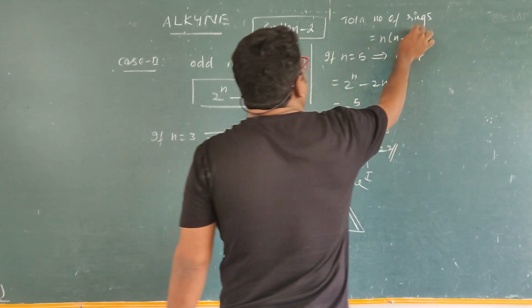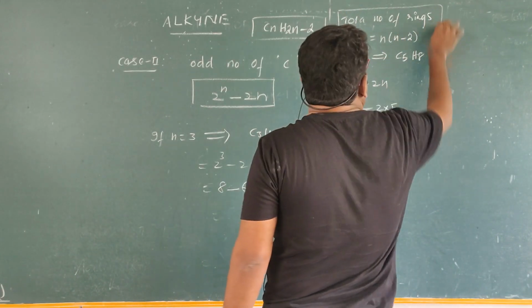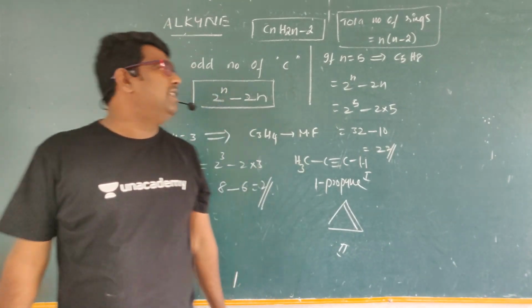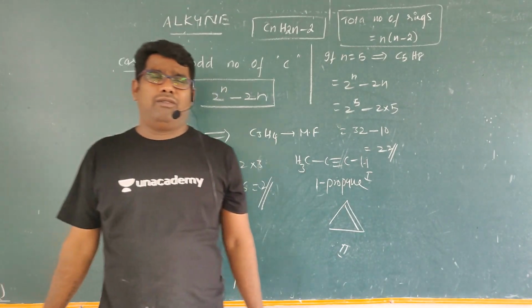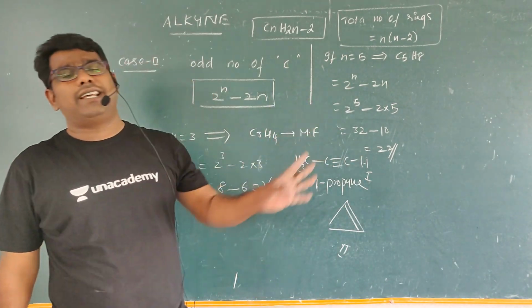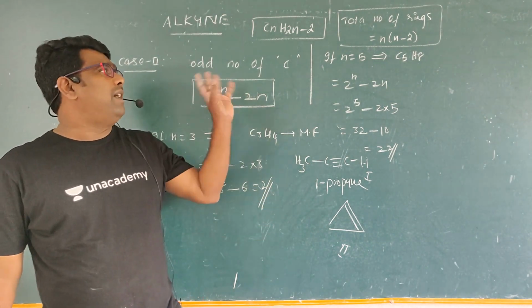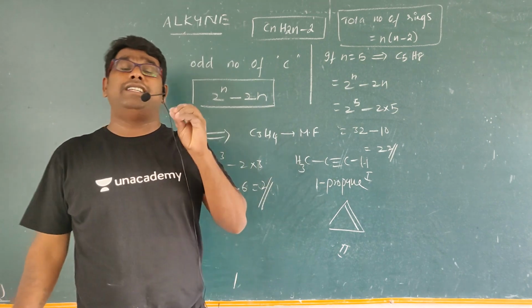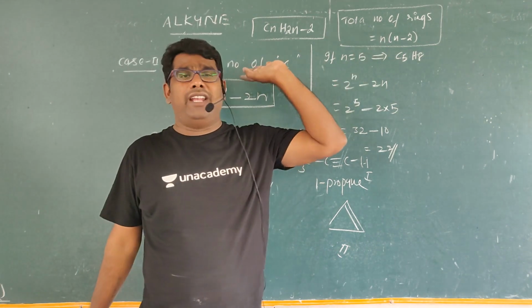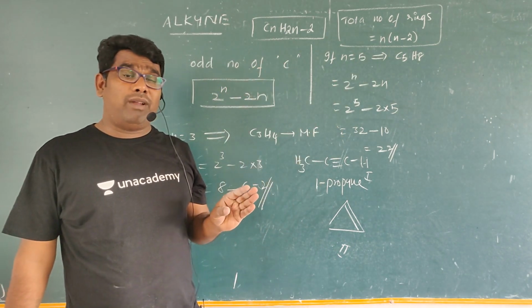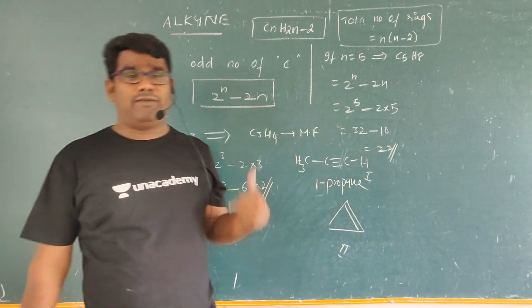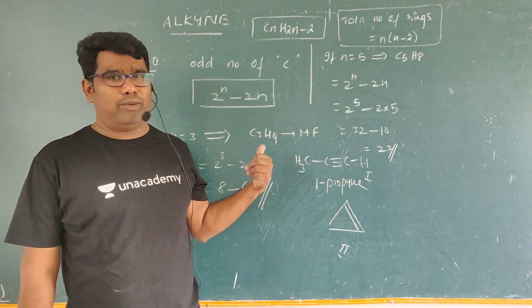This is the calculation of it, and it is rarely asked by using this formula. So keep the formula in mind. What is the formula for the total number of rings present in alkyne? n into n minus 2. What is the formula for the number of rings present in alkene? n minus 1. But the remaining is very important.